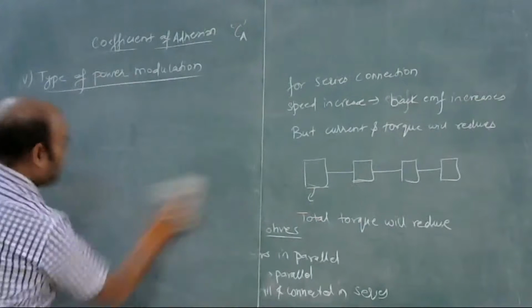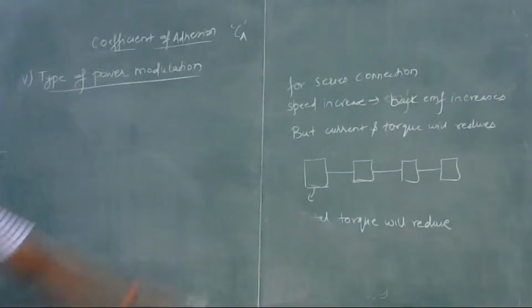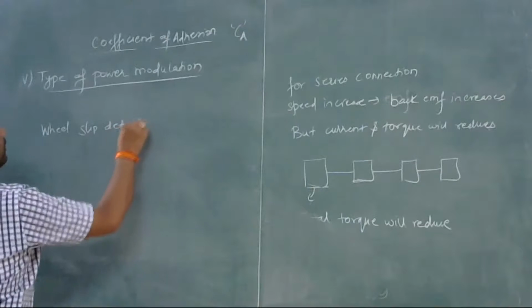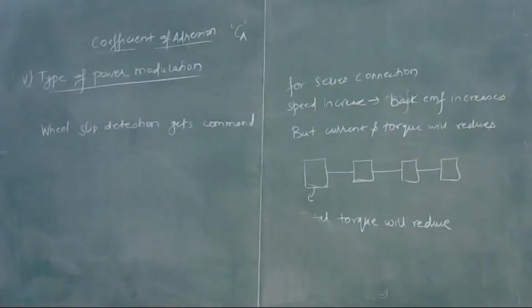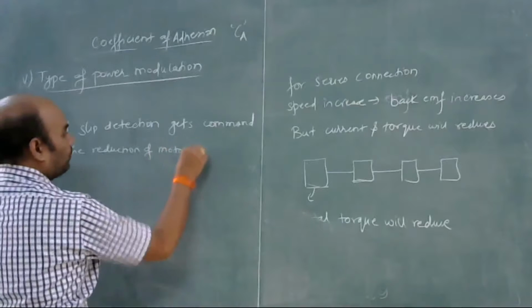So if there is any wheel slipping, the wheel slip detection gets a command, and will get the command for the reduction of motor torque.